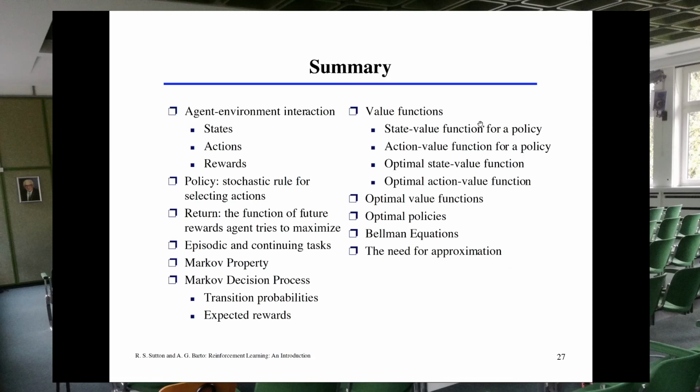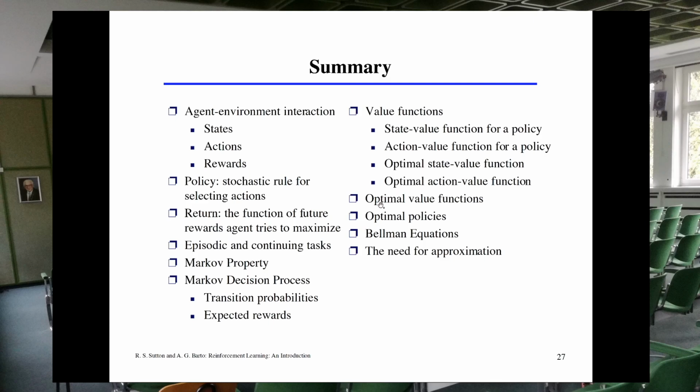In the case of the value functions, we talked about the state value function for a given policy and also the action value function for a given policy. So this is the V function and this is the Q function. And for both functions, we saw the definition of the optimal state value function and the optimal action value function.